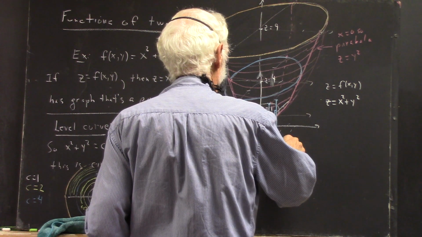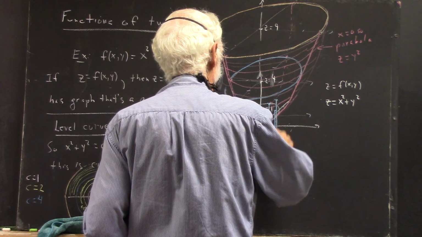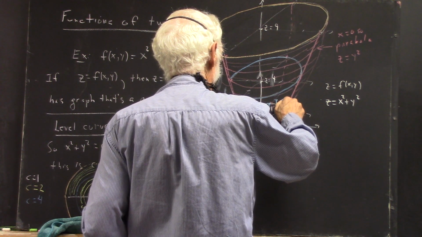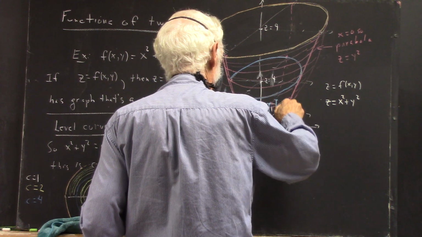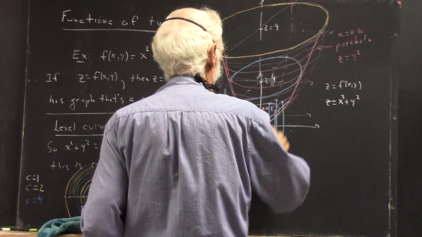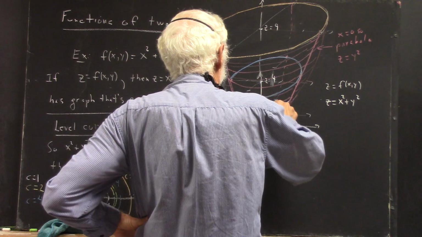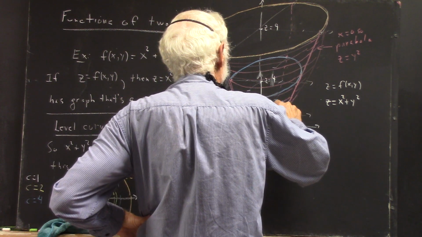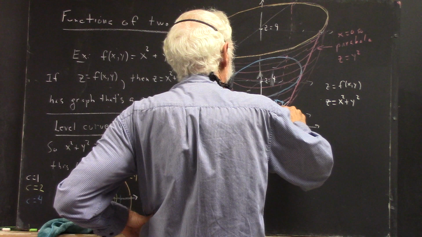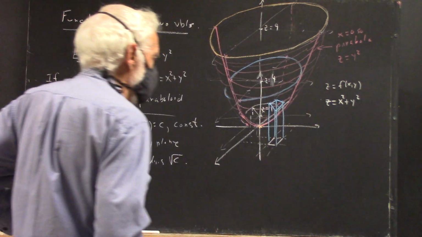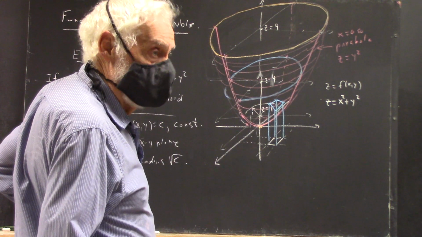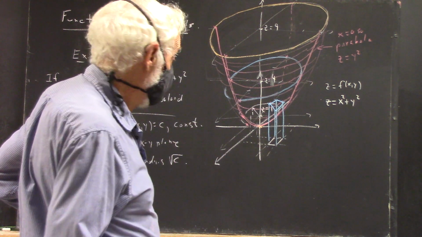And this point isn't quite as far as this one, but it's further than either of these, so it probably goes up to something like this. So now we have this figure, okay?